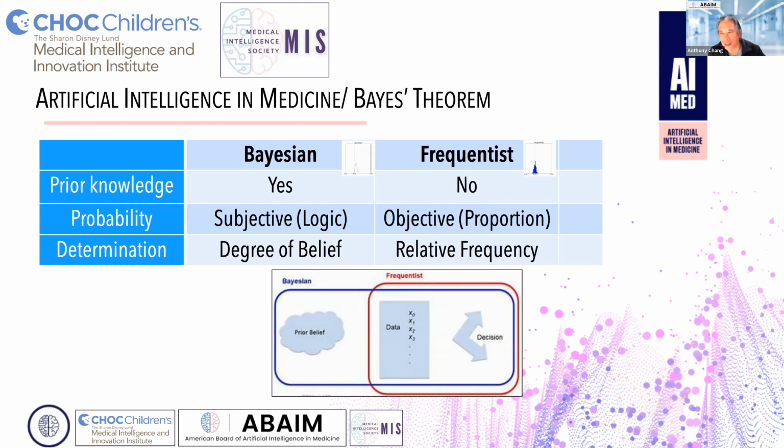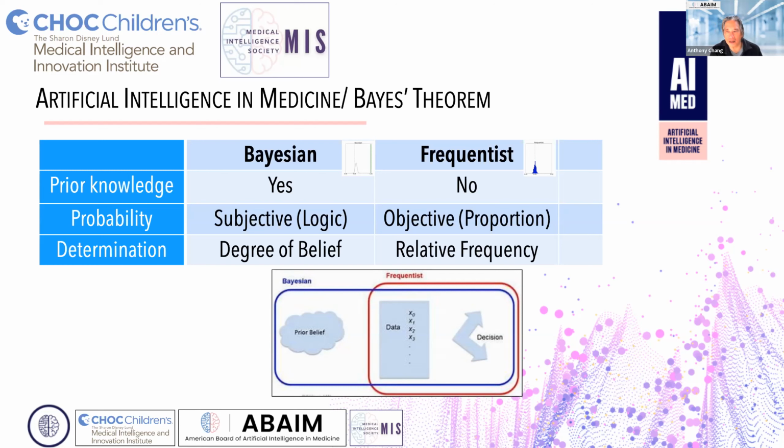obviously the main objection from the frequentist camp is that the Bayesian probability is very subjective, or it's based on logic, but that's the whole point of Bayes' theorem, that you do have some subjectivity, whereas the frequentists claim that they're much more objective and it's based on proportion. So there's a degree of belief from the Bayesian camp, and then the frequentist is, as the name implies, all about frequency.